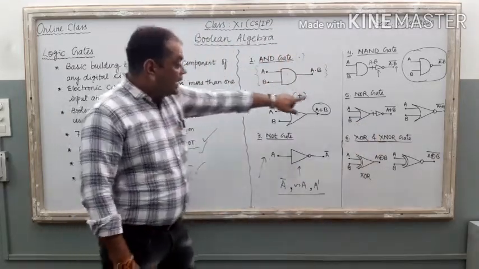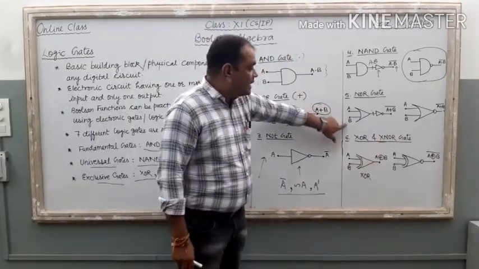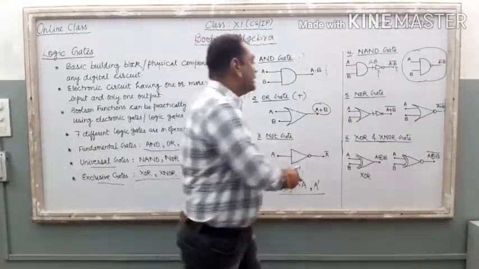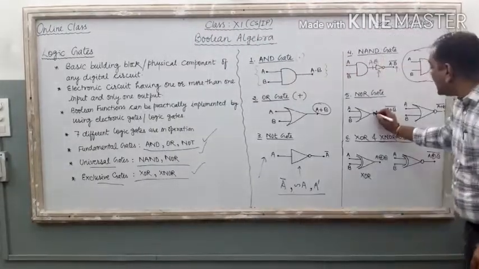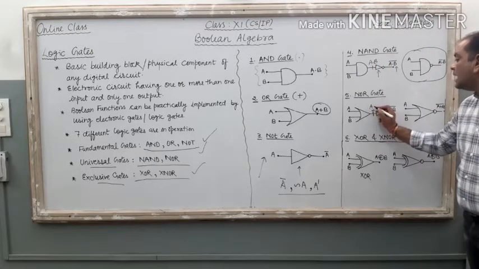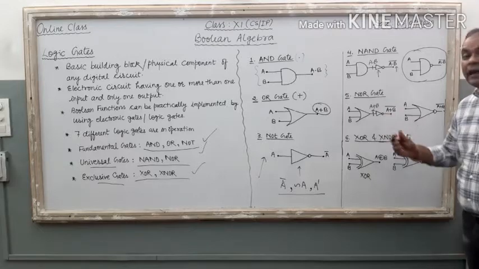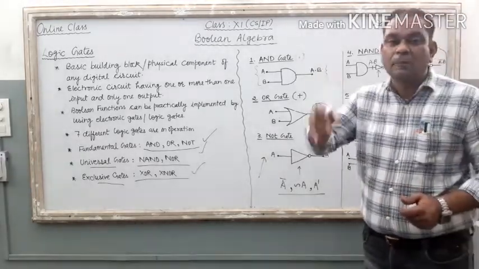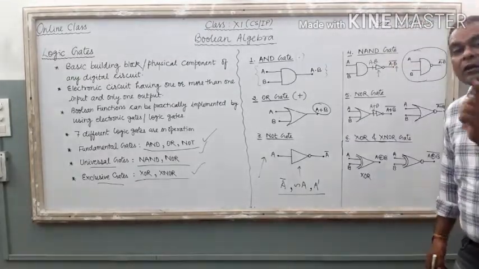Here, if you supply two input signals A as well as B in this OR gate, then the output of this OR gate, you can see the output here. The output of this OR gate is A plus B. OR gate is binary addition. Binary addition means just use the plus operation in between all the input signals.